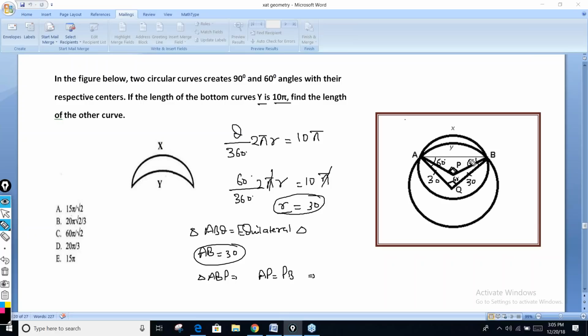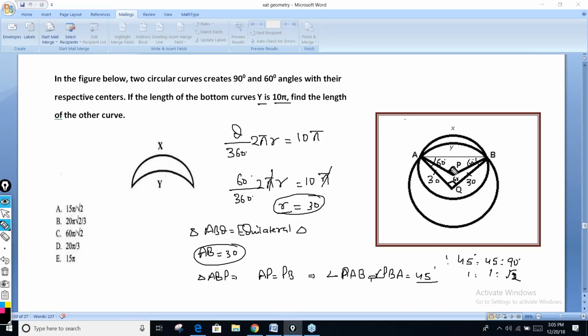The remaining angle is 90, and these two angles will be equal, so they will be 45 and 45: angle PAB and angle PBA. Both angles will be 45 degrees. Now, if you know the relation between the sides of a 45-45-90 triangle, the side ratio is 1 is to 1 is to root 2.